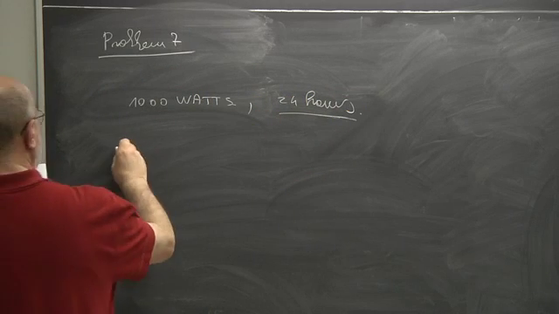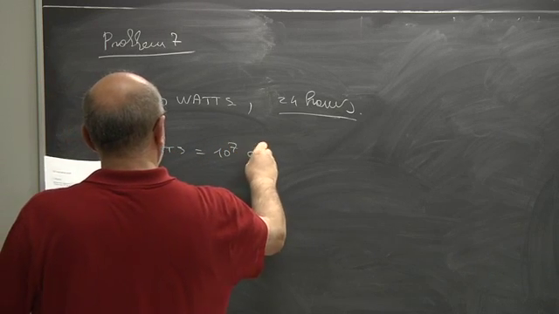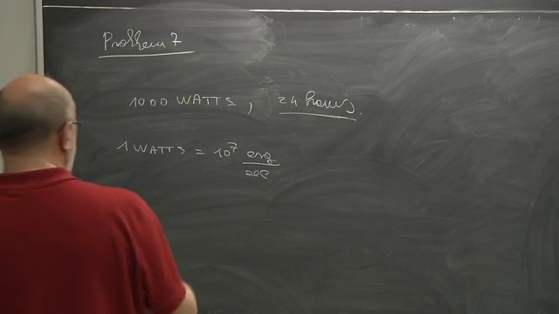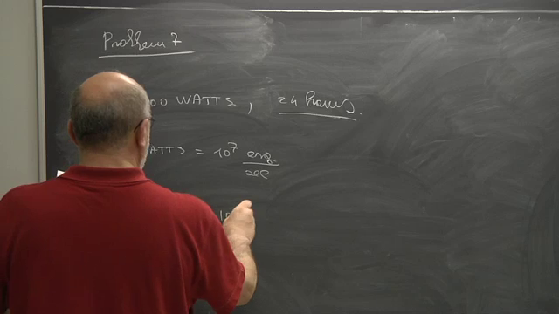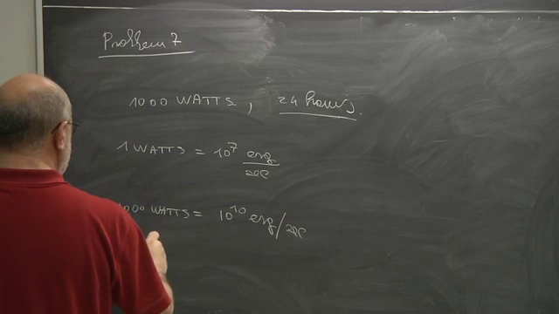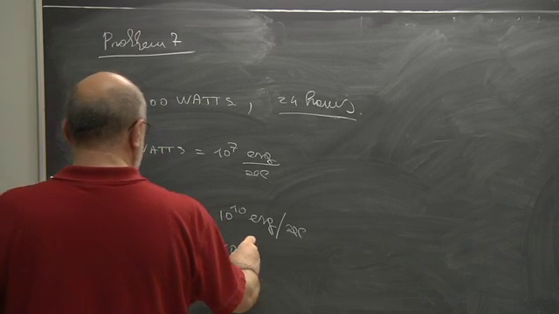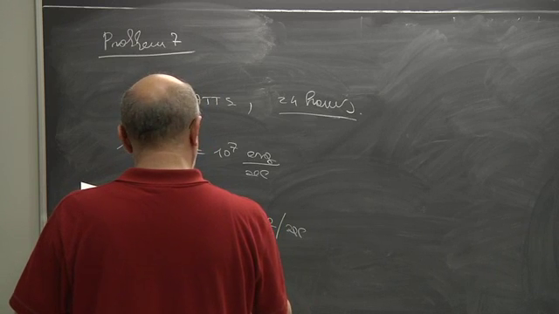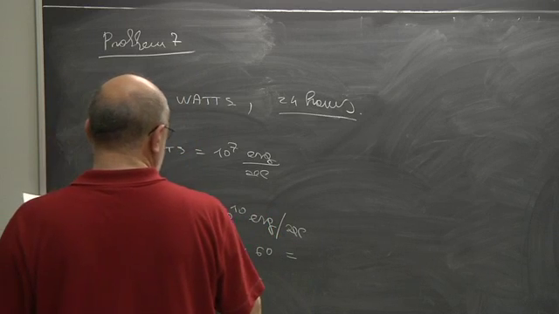Okay, now remember 1 watt is 10 to the 7 erg per second. So 1000 watts is 10 to the 10 erg per second. 1 day is 24 hours times 60 minutes times 60 seconds. In an hour there are 60 minutes.